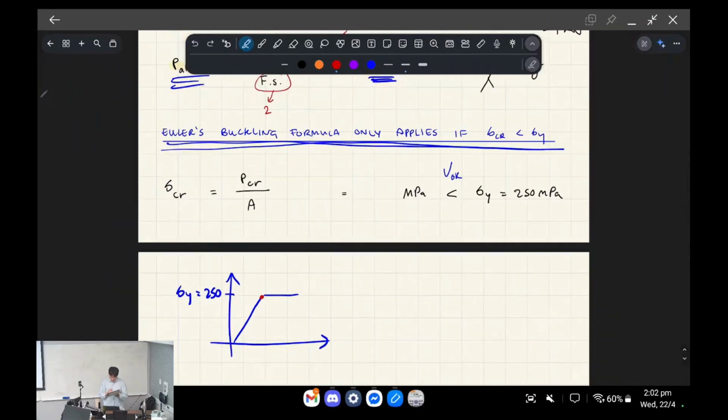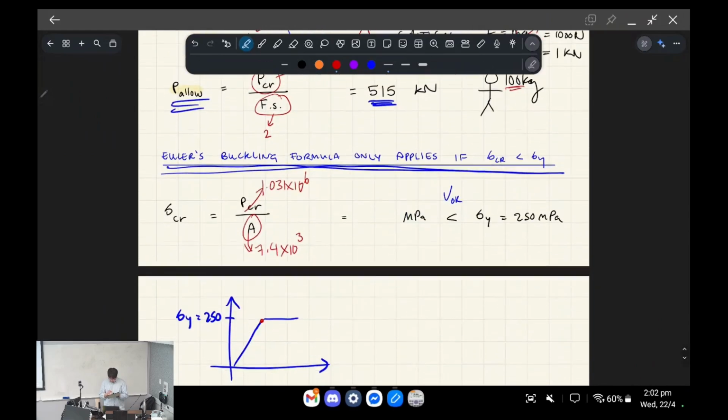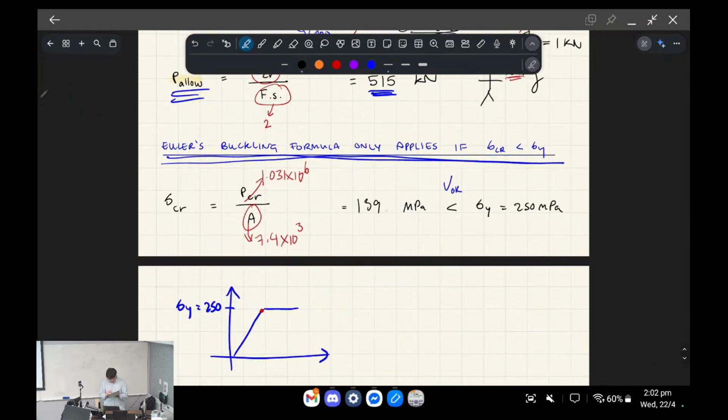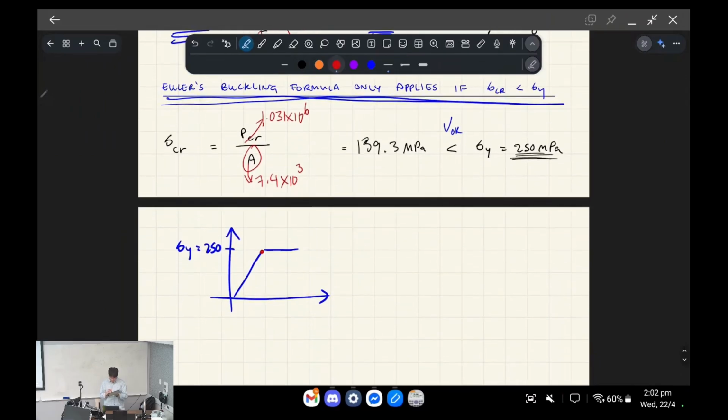Okay, so what we're doing is we're checking whether the critical buckling force, which was this one, divided by the area, which is this, which was 139.3 MPa, is less than 250 MPa, right? So since we're down here, we have a critical buckling stress of 139.3, which means buckling is actually going to govern, because buckling is less than the yield, or the compressive yield strength, right? Yeah, if that makes sense.